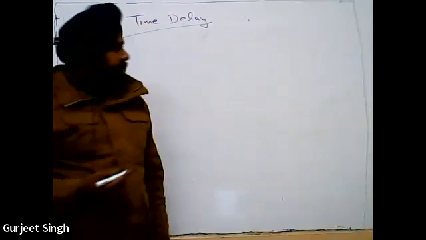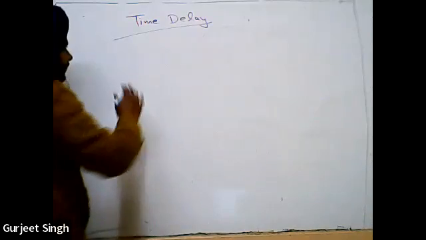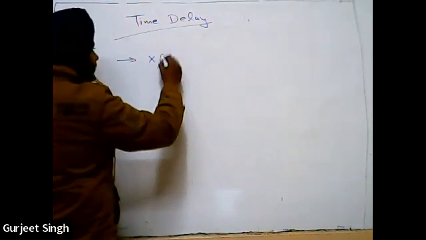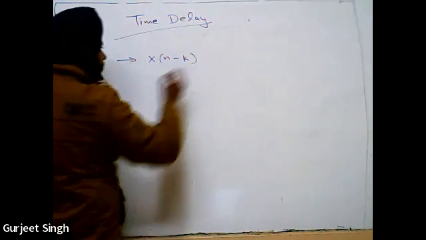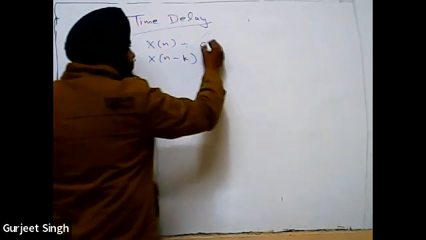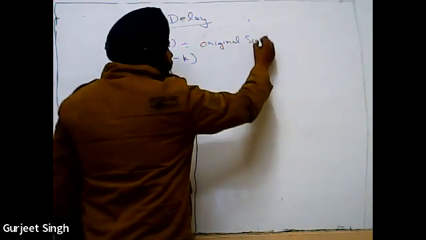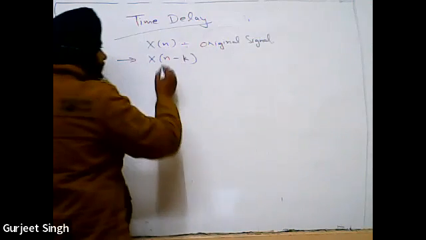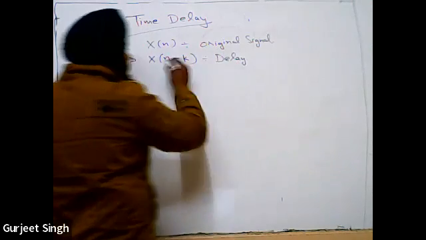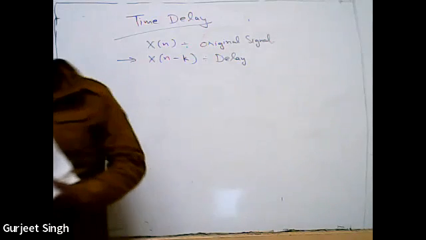In signals and systems, we represent this time delay by x[n minus k], where x[n] is the original signal, and x[n minus k] represents the delay of the signal basically.